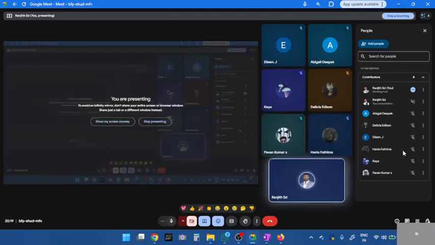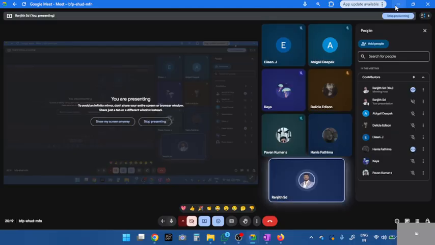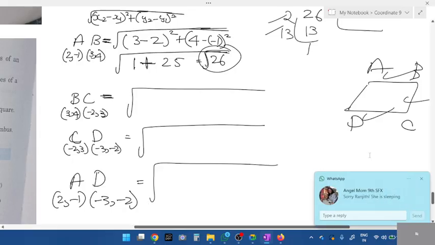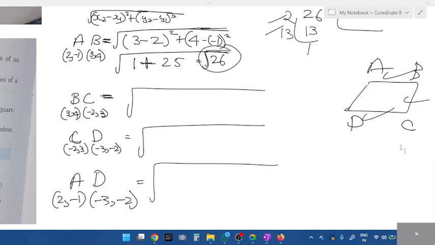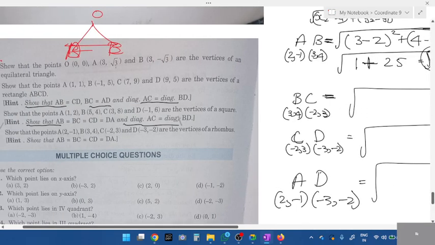Anya, when did you join, Anya? You understood all the concept, whatever I taught? Now I explained, right? Forget about that. Now I explained about rhombus, what is rectangle, square.